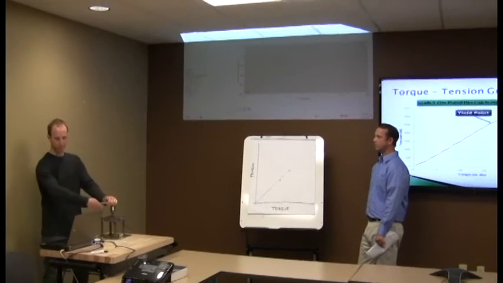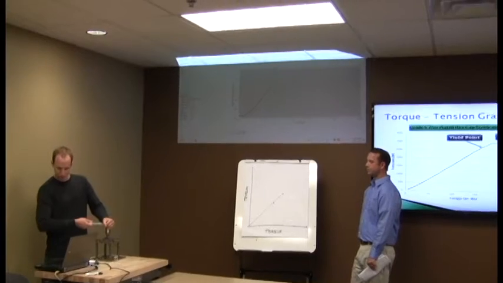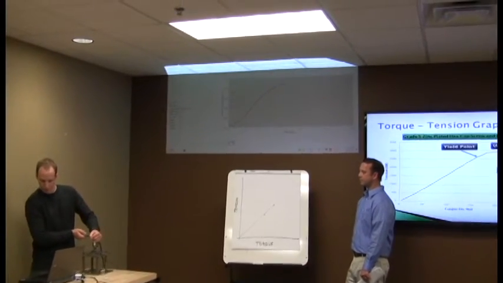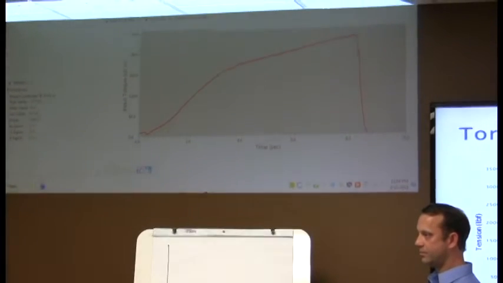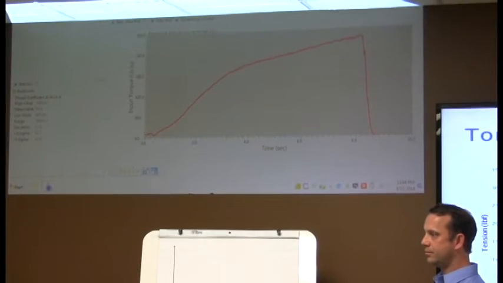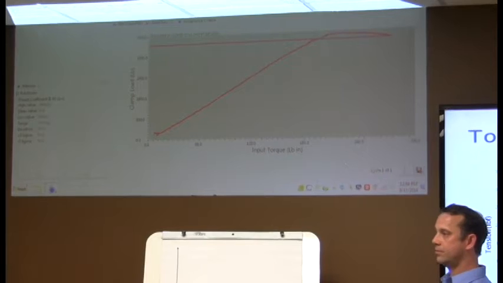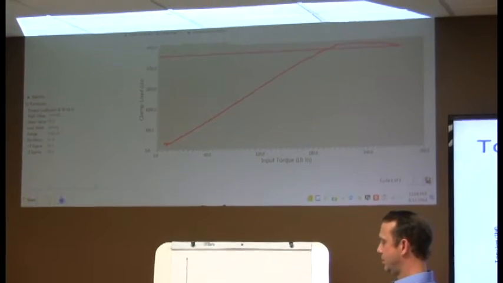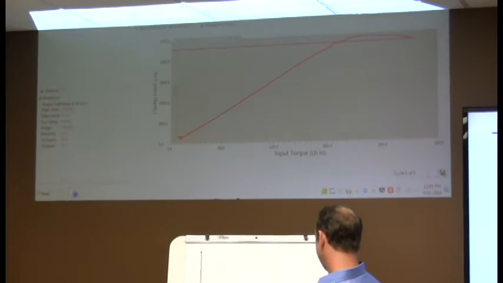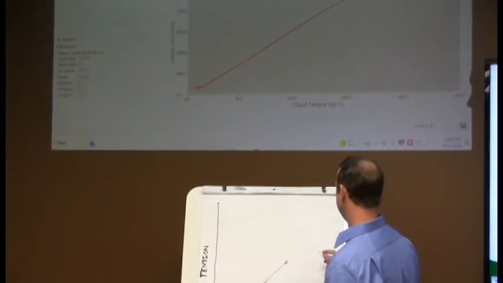And this is the grade 8. The grade 8 yielded at 200 inch-pounds of torque and 3,700 pounds of flange.